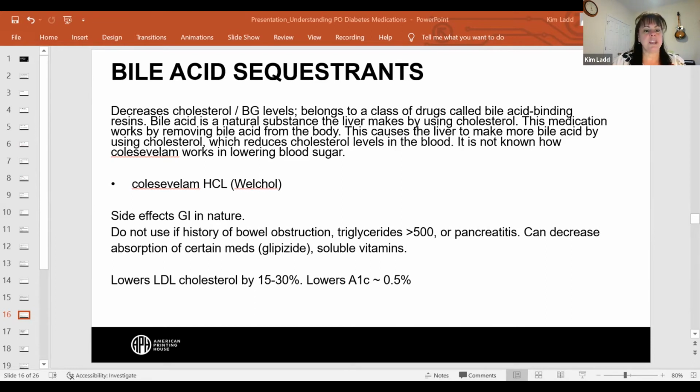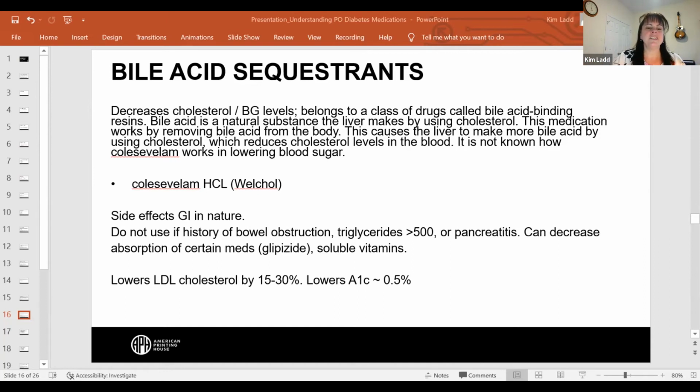So this medication works by removing bile acid from your body. This causes your liver to make more bile acid by using cholesterol, and that is how it reduces your cholesterol levels. However, after all of that, we really don't know how it works in lowering your blood sugar level. We just have research studies that show that it does.